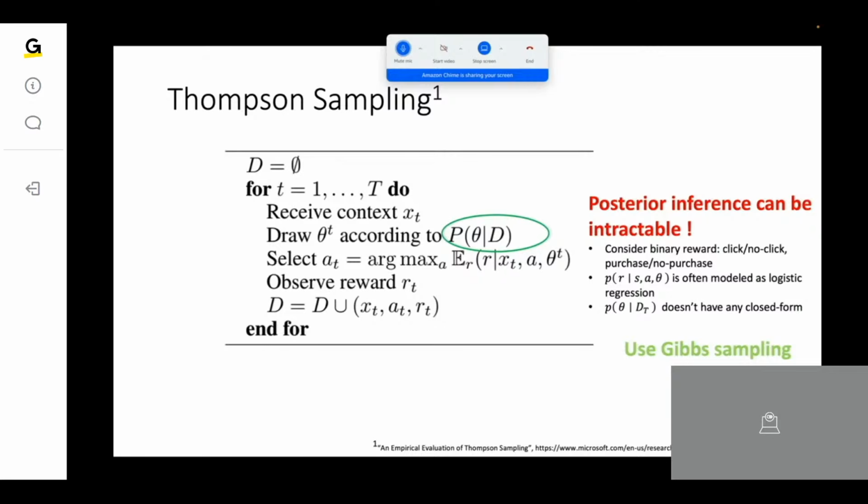Now, what we are going to do is approximate this posterior and plug in the approximate posterior in place of the true posterior, and the rest of the algorithm will continue.